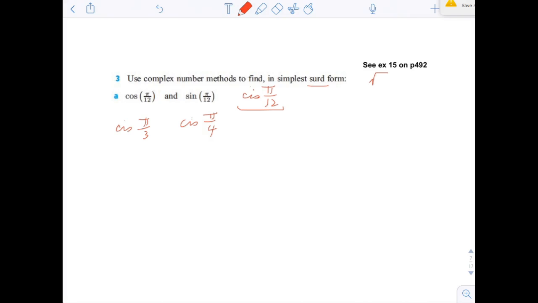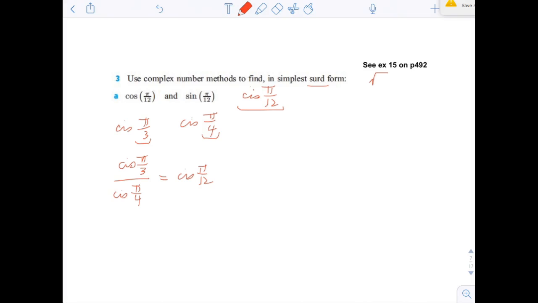And remember that pi over 3 minus pi over 4 gives us pi over 12, like in the last problem. So if we did cis pi over 3 divided by cis pi over 4, that would be equal to cis pi over 12, right?